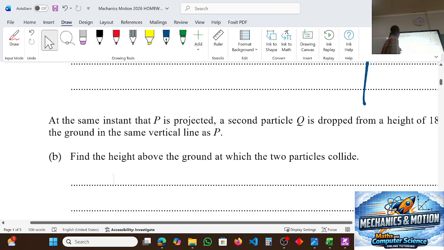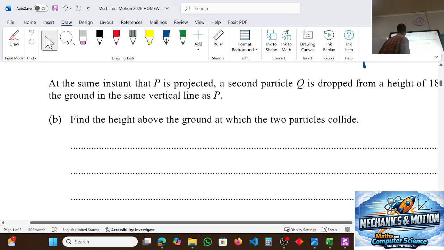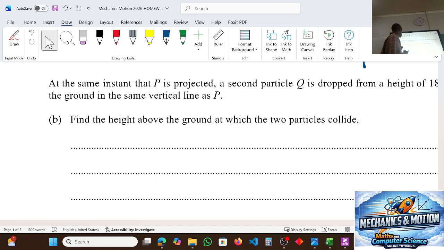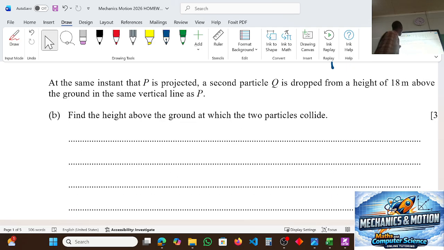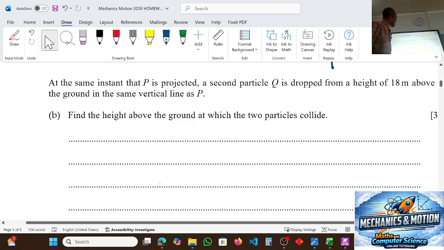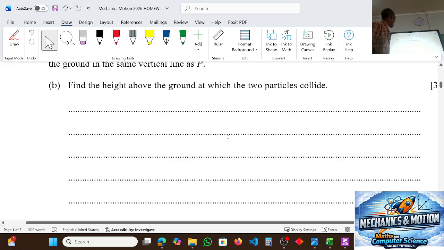And at the same instant that P is projected, a second particle Q is dropped from a height of 18 meters above the ground in the same vertical line as P. So find the height above the ground at which the two particles collide.